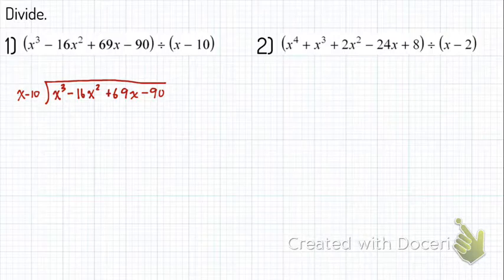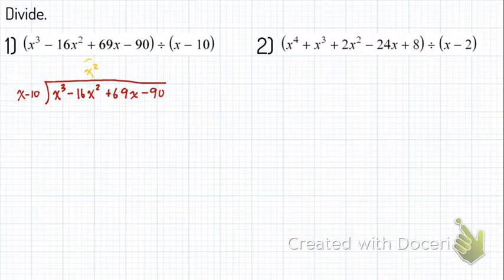So I'm going to write down x squared above here. And you notice I wrote it not over here, but to the right, because I have an x squared term here. And remember, I talked about being organized. If you can stay organized, you will be successful in this unit. So again, I figured out x squared because I asked myself, what do I multiply x with to get x cubed? x squared.